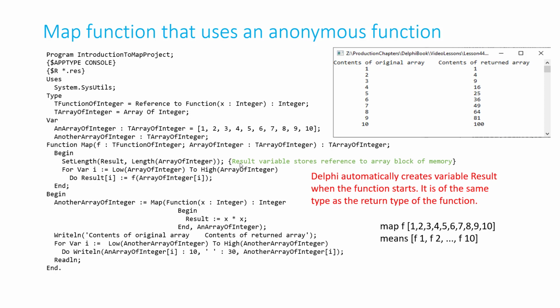So a result variable will store a reference to an array stored in memory, in some block of memory. Now Delphi automatically creates the variable result when the function starts executing, and Delphi will arrange for this variable to have the same type as the return type of the function, and the return type is going to be a dynamic array of type T array of integer.